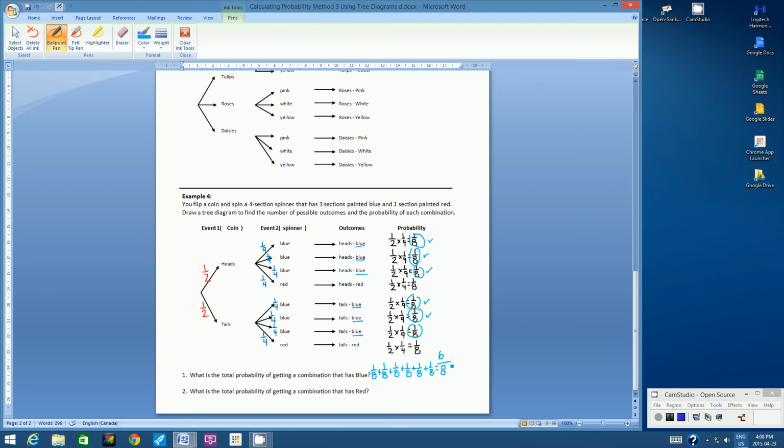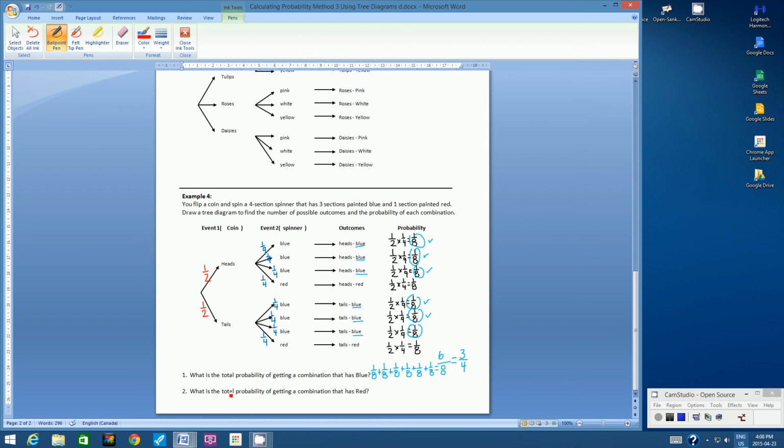Yes. Is it in its lowest terms? Well, 6 and 8 are both even numbers, so it's not in its lowest terms. So if we divide the numerator and the denominator by 2, 6 divided by 2 is 3. 8 divided by 2 is 4. So the probability of getting a combination that has blue is 3/4.